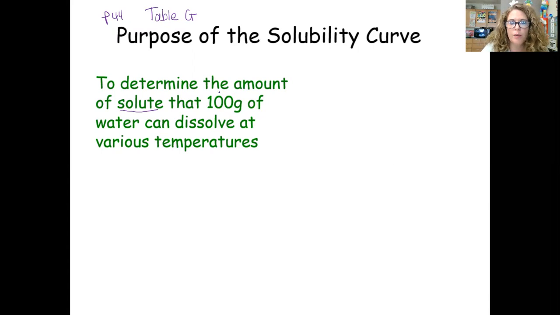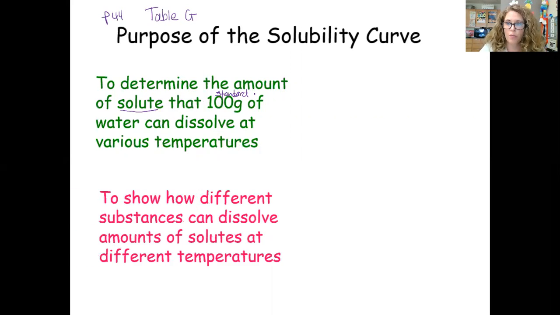So we're going to compare everything against this standard amount of water that can dissolve at various temperatures. We know from our factors that influence how much something dissolves is going to be largely based on temperature.